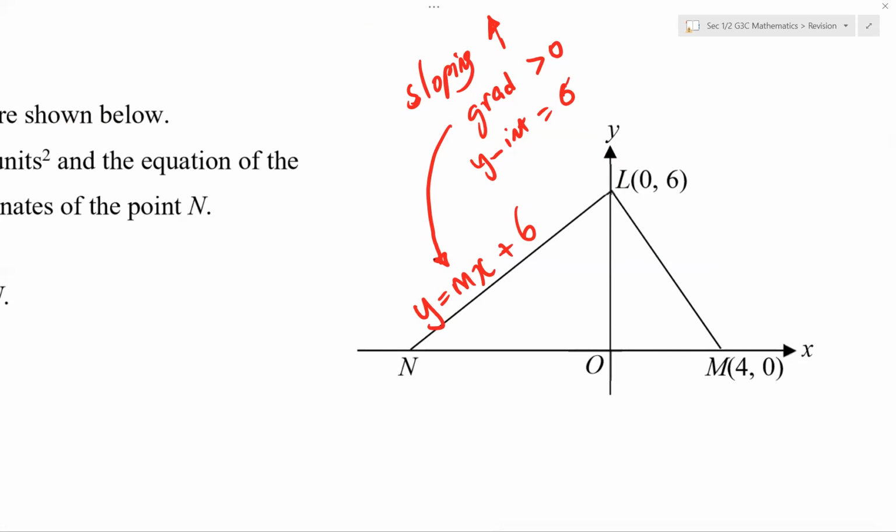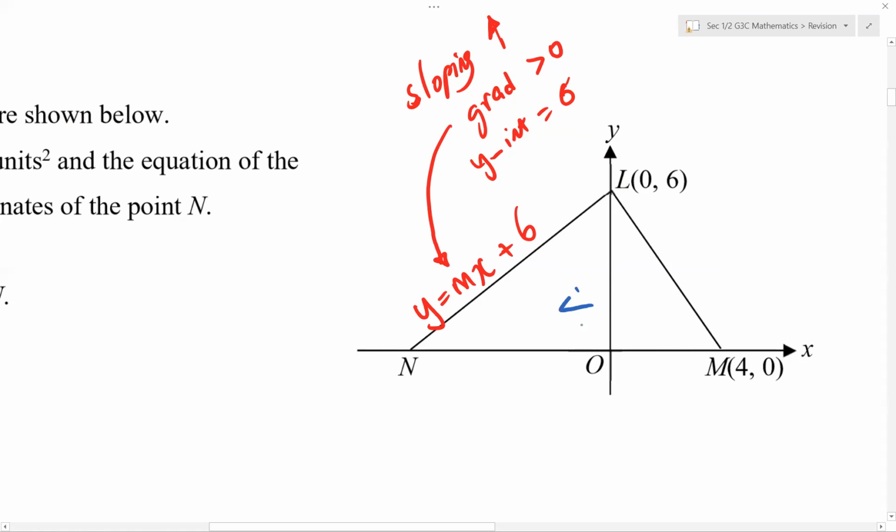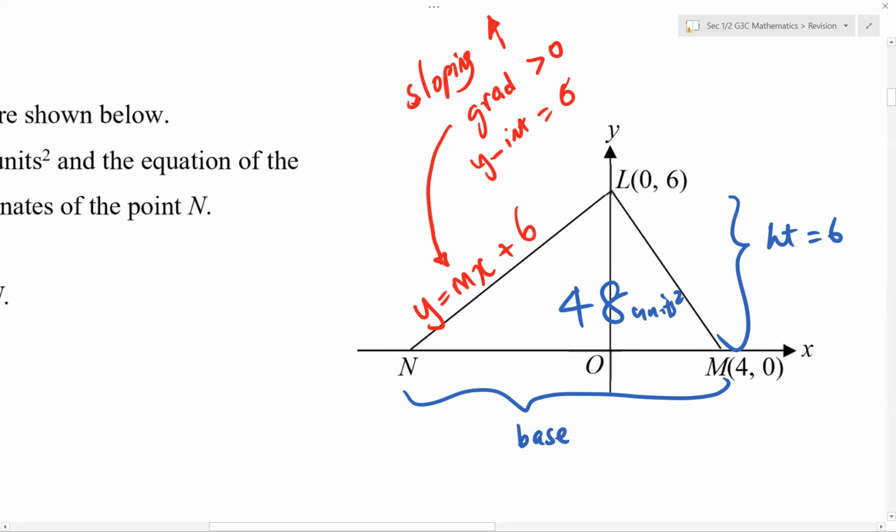They further tell us that the area for this triangle is 48 square units. Then recap. What is the formula for area of triangle? Half times base times height. That is all you know so far. Do you know the base? Don't know yet. This is the base. Do you know the height? Yeah, what's the height? Height equals to 6.